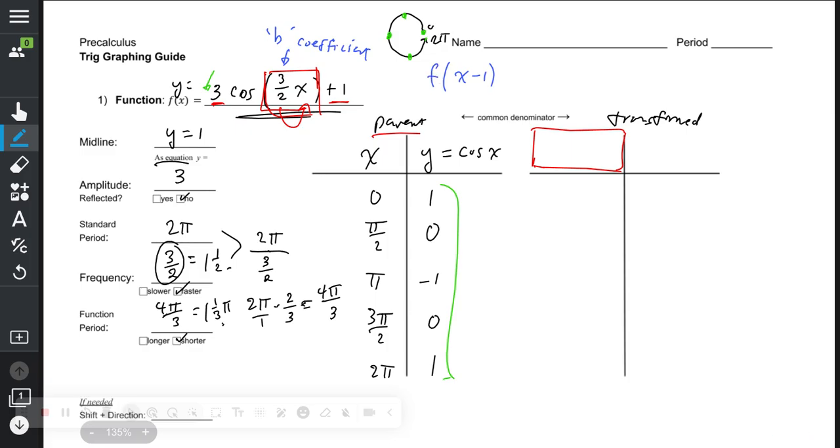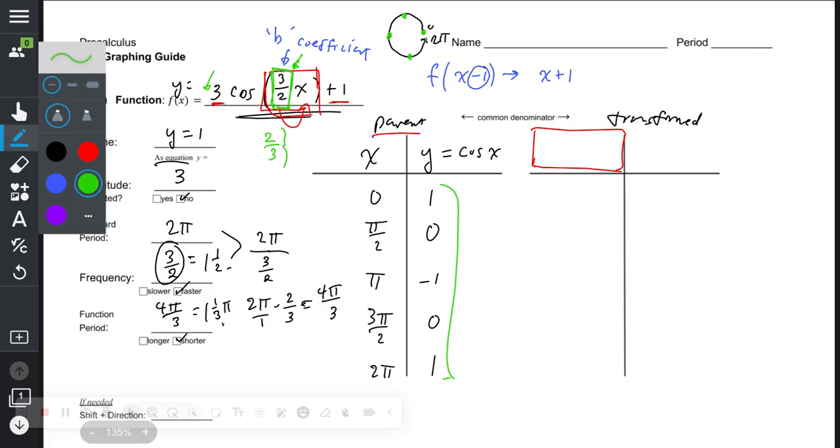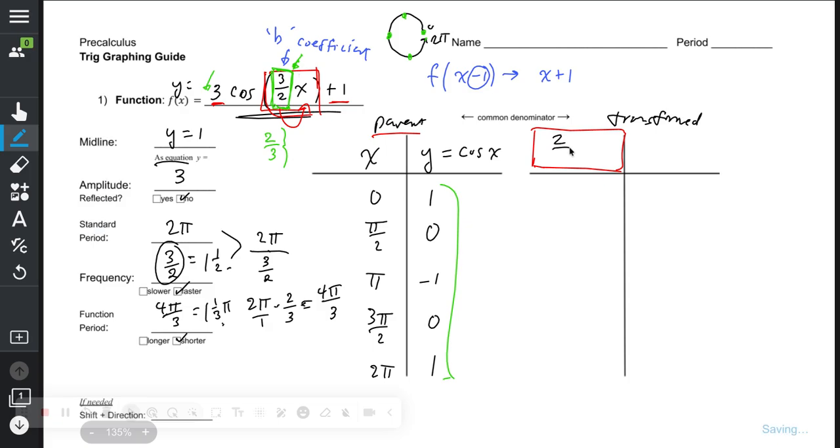Okay? The transformation would be x plus 1, because you do the opposite of this. Well, in this case, we're going to do the opposite of 3 halves. We're going to do the inverse of 3 halves. What is that? That's the reciprocal. It's 2/3. Okay? This is what you would call a stretch, but when it's on the inside, it's a compress. That's another way to think about it. Okay? Because we're doing the opposite. So therefore, to express that transformation, it's 2/3 x.